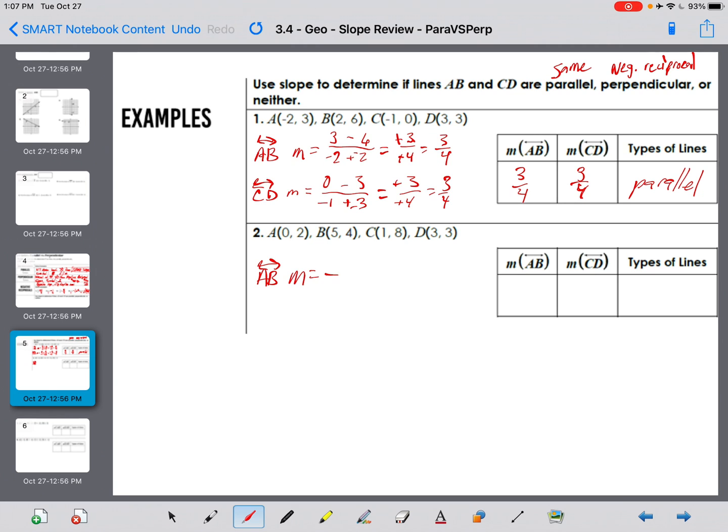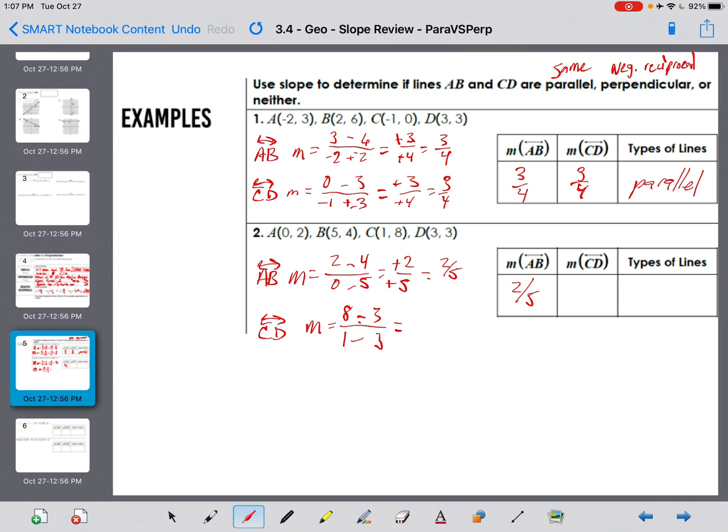Let's look at number 2. AB's slope is, there's the monster. CD's slope is, and there's the monster. Y on top, x on bottom. 2 minus 4 is -2. Negative over negative makes it 2/5. CD, let's see, 8 on top.